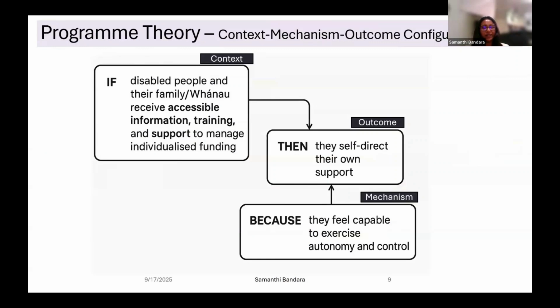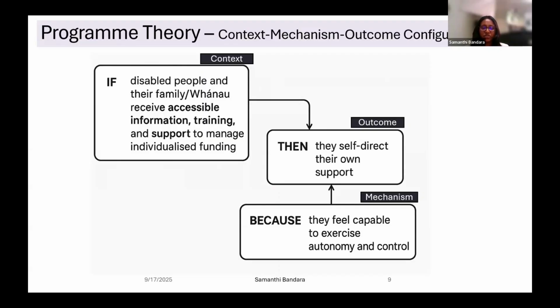This is the preliminary program theory developed, and this is the hypothesis. This actually represents my early assumption or idea about this study of individualized funding.